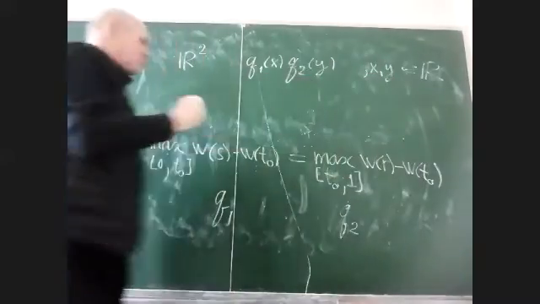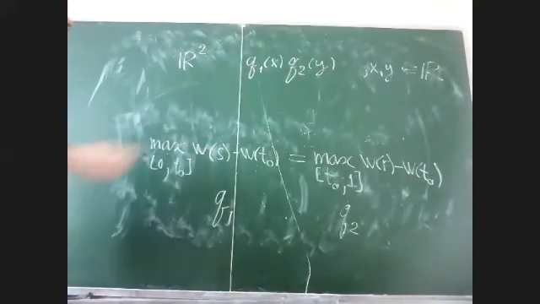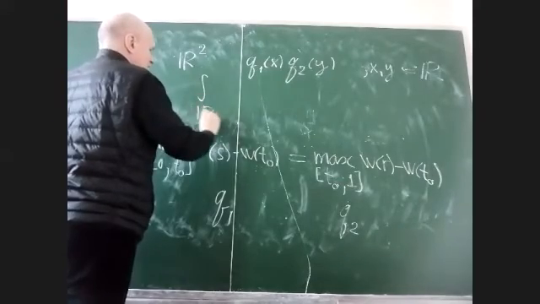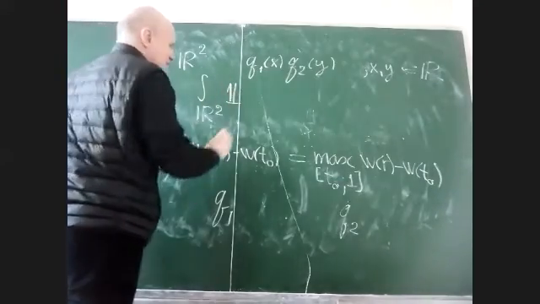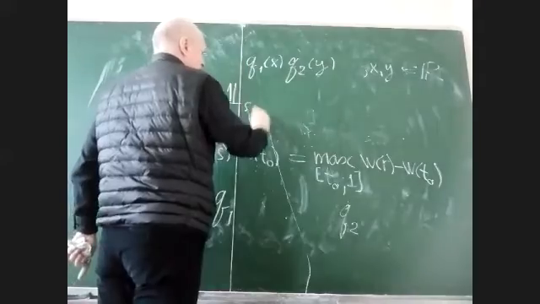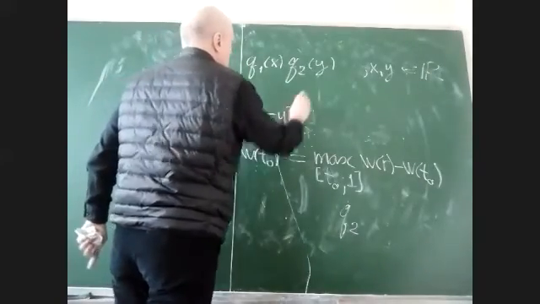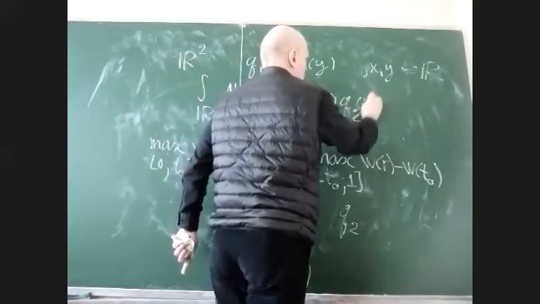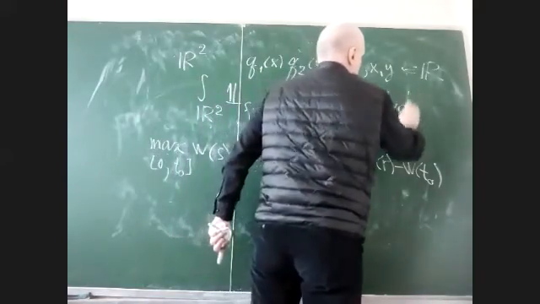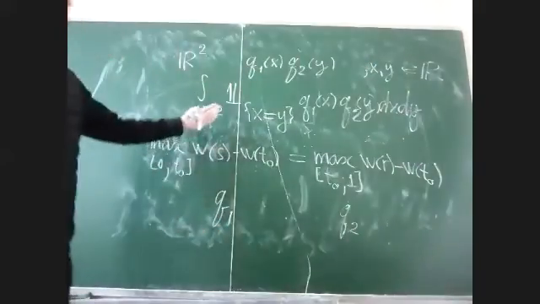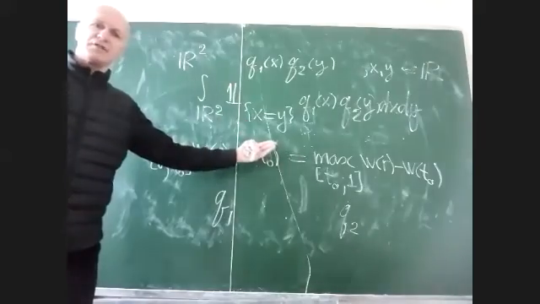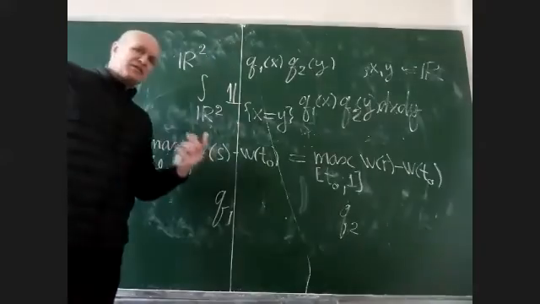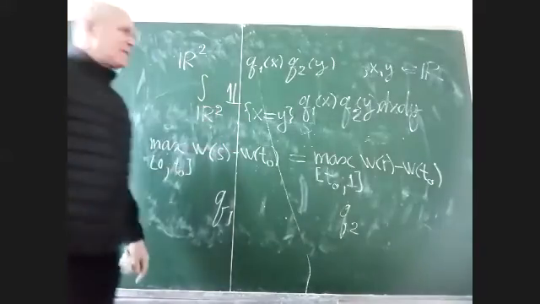So the probability that they are equal is equal to the integral over R2 of the indicator of the line x equal to y, Q1(x) Q2(y) dx dy. And it is evident that this integral is equal to 0, because here is a line. A line is one-dimensional, and it has Lebesgue measure 0.